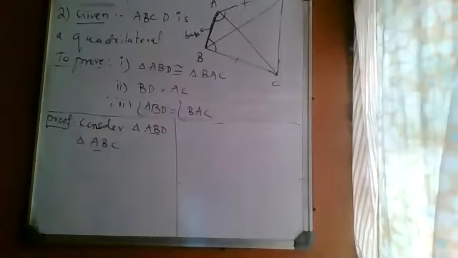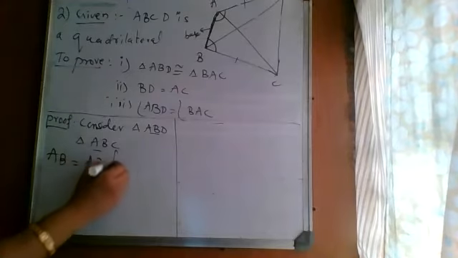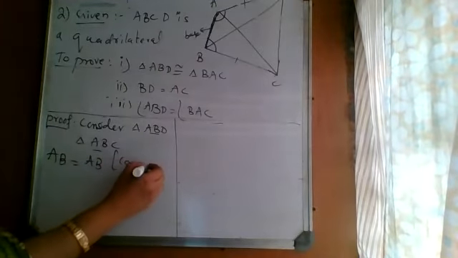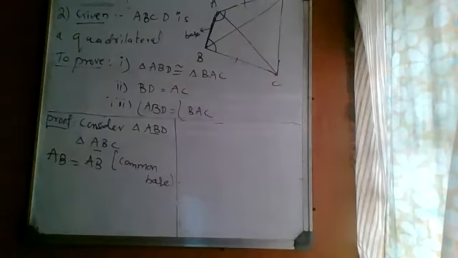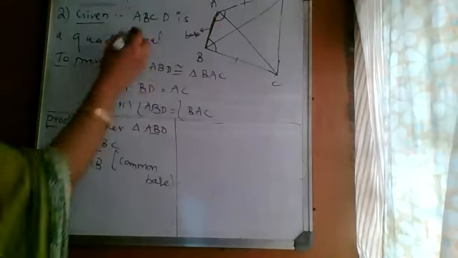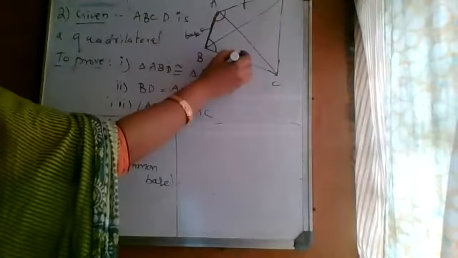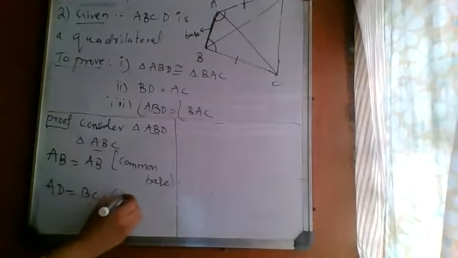So here, AB is equal to AB. It is called a common base. What is it called? Common base. Yes, dear students, reply to me here. Next, given AD is equal to BC.